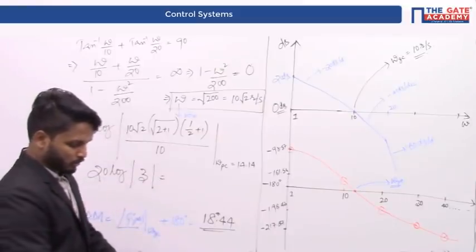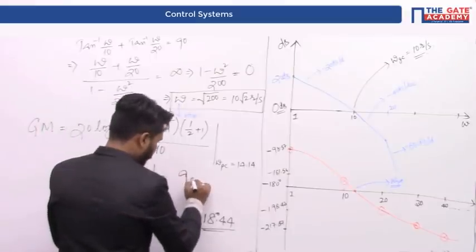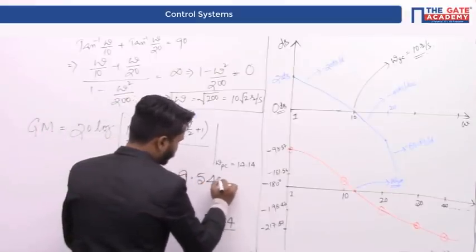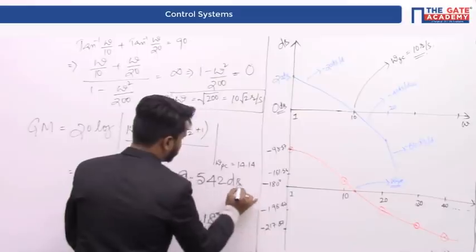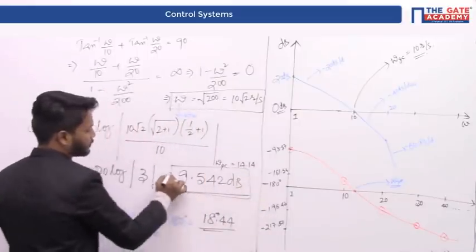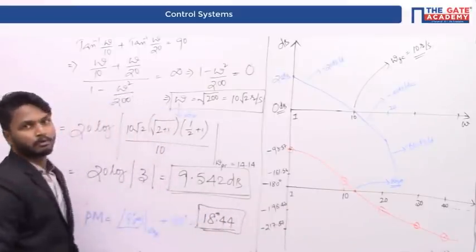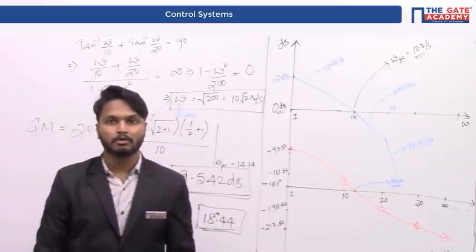This value you are going to get is 9.542 decibels. Therefore, gain margin is 9.542 decibels and phase margin is 18.44 degrees. This is all about the first question.